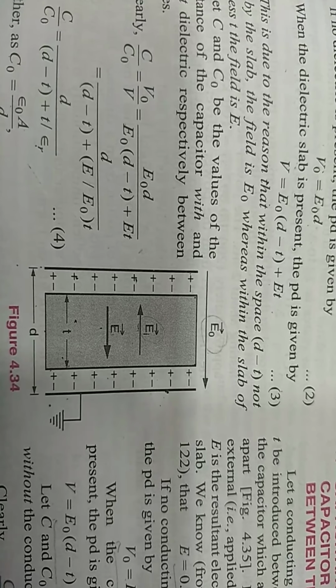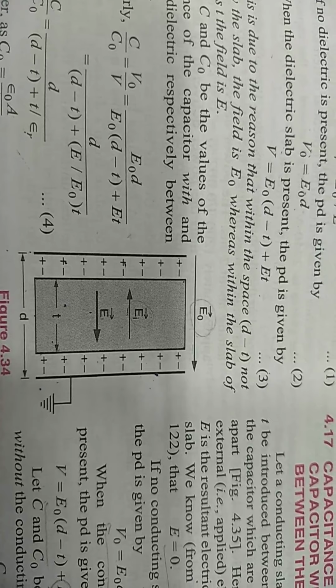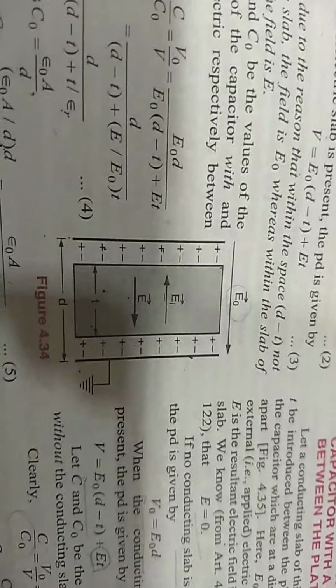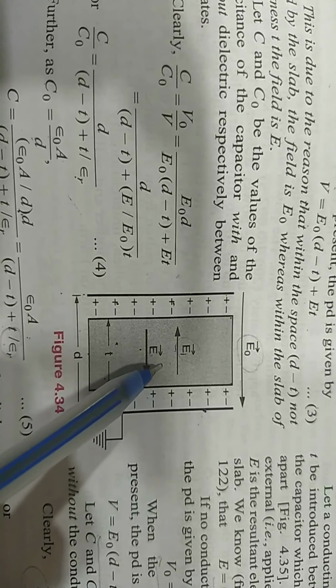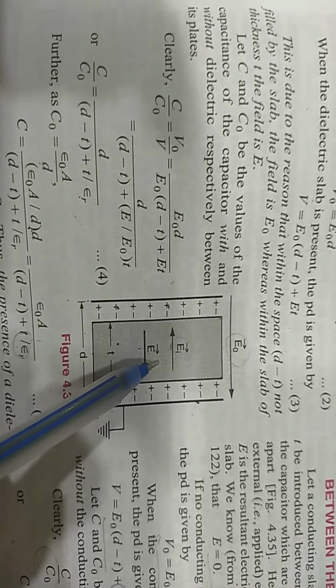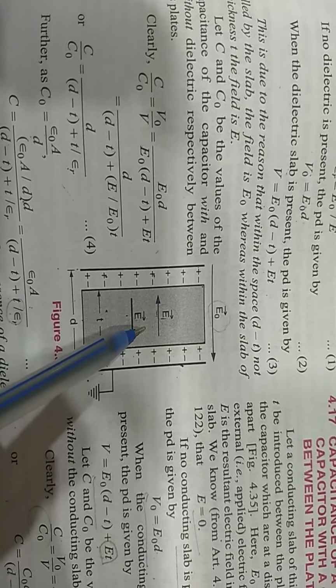In the shaded region there is a dielectric, in the unshaded region there is no dielectric. So we have to find out two potentials. Now we know that potential V is equal to E into D.